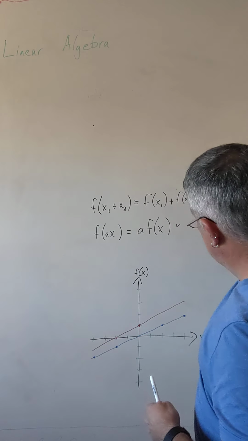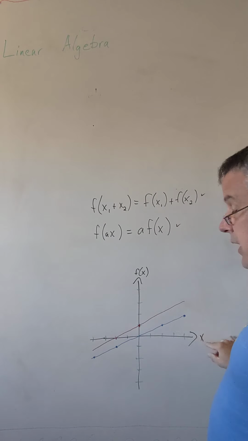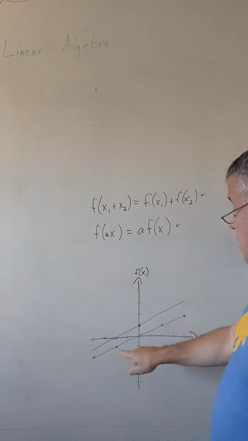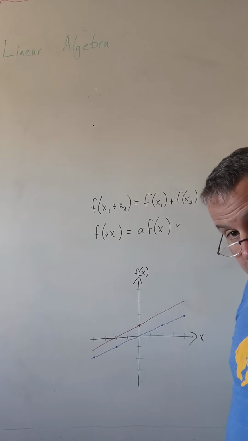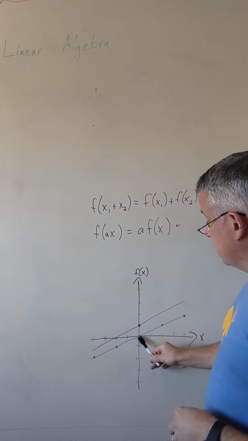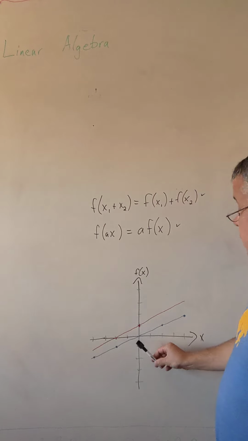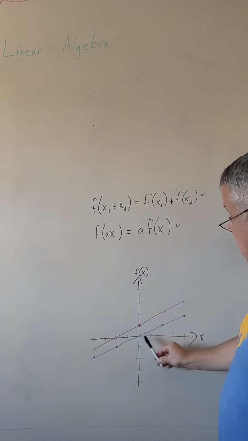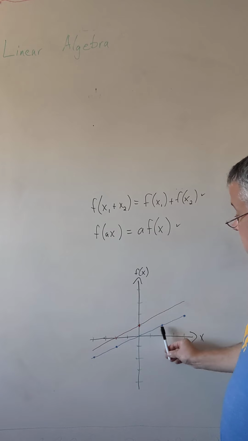So we go down here to the graph where we have f of x in this direction. We have x along this axis. I have two lines drawn here. Are they both linear functions? Let's see. Well, the blue one is a linear function. The blue one, here I go over 2 increment in x, I get a 1 increment in f of x.